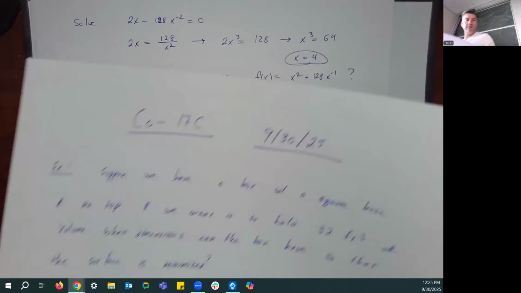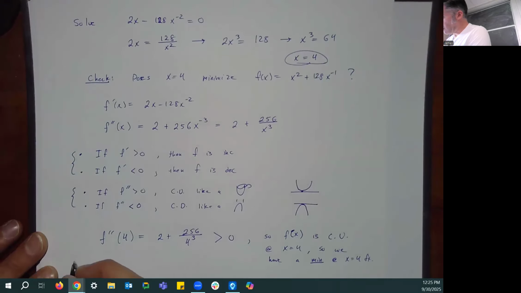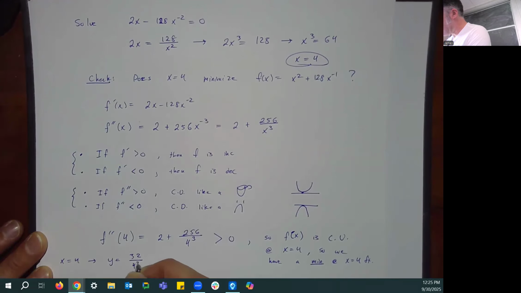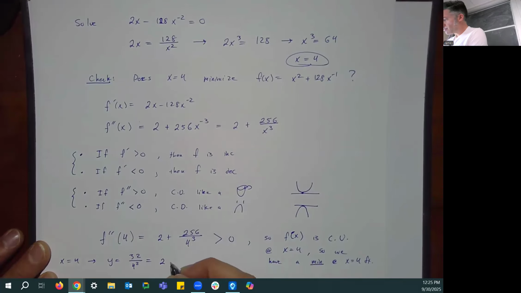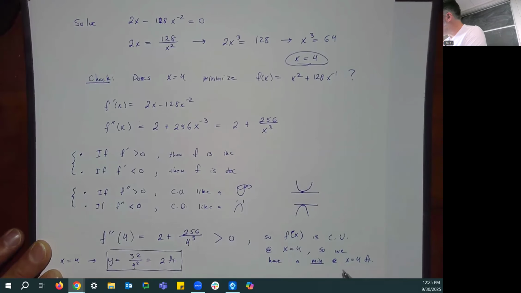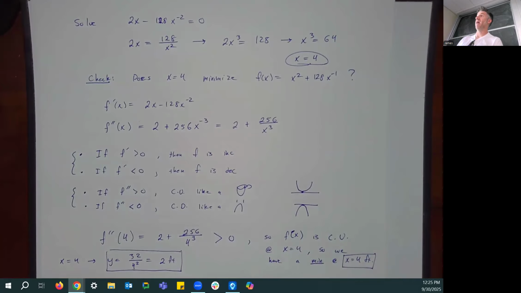So plugging in x equal to 4, we get y equal to 32 divided by 4 squared, which is 32 over 16, which is 2 feet. So there's your y value, there's your x value. Those are the dimensions of this box that minimize its surface area with a set volume.